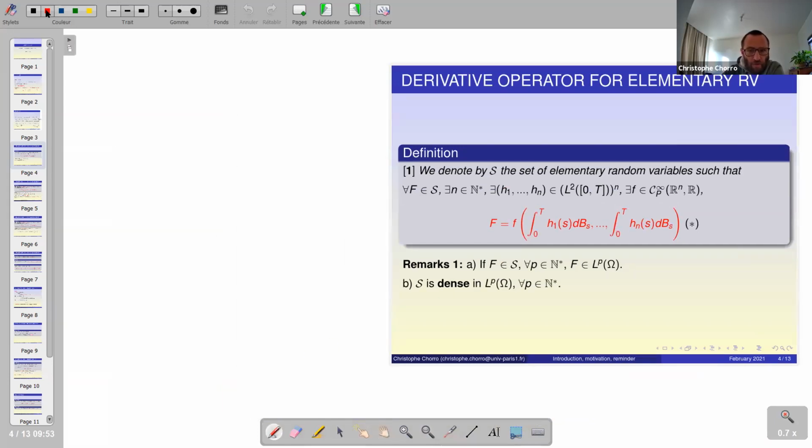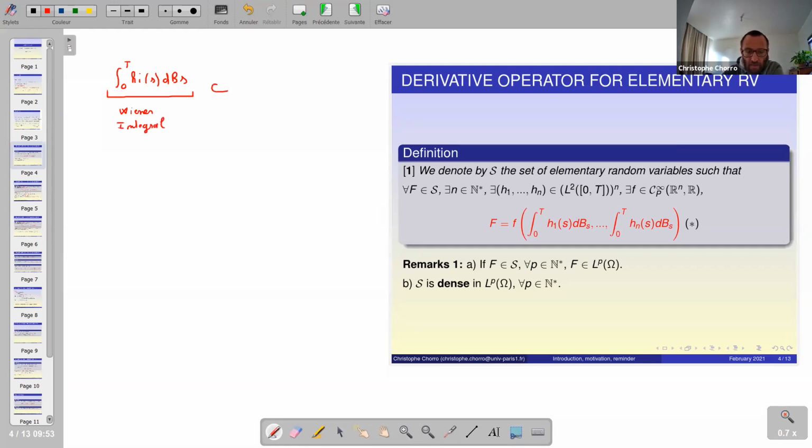First of all, you know that the integral between 0 and capital T of h_i(s) dW_s is a Wiener integral as defined in the stochastic calculus course in the first semester.